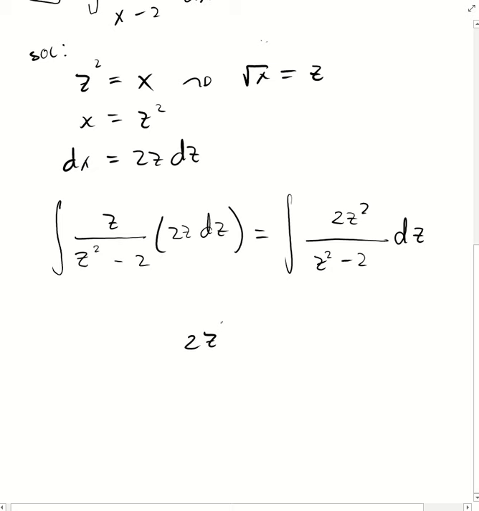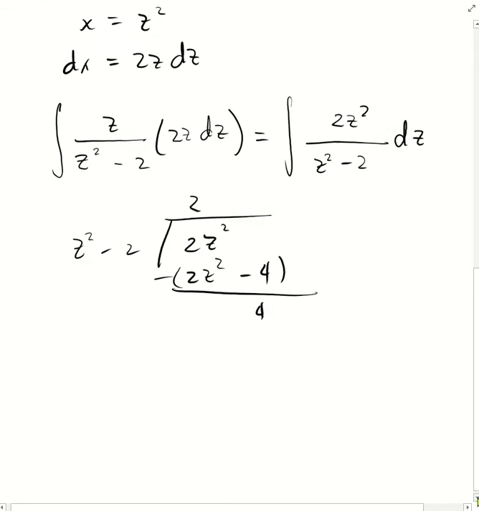We divide 2z squared by z squared minus 2. So this will be 2. Then 2 times z squared minus 2 gives 2z squared minus 4. Then subtract, so we have a remainder of 4.